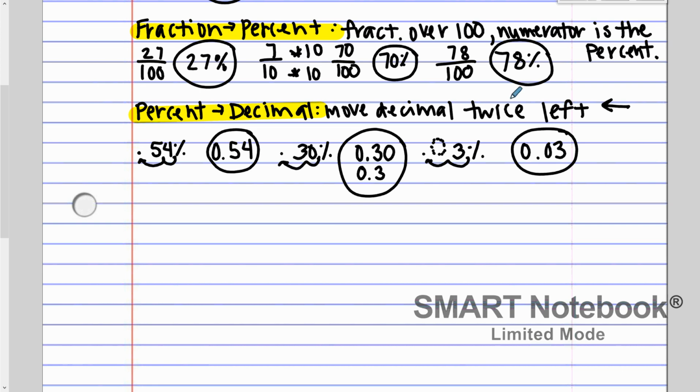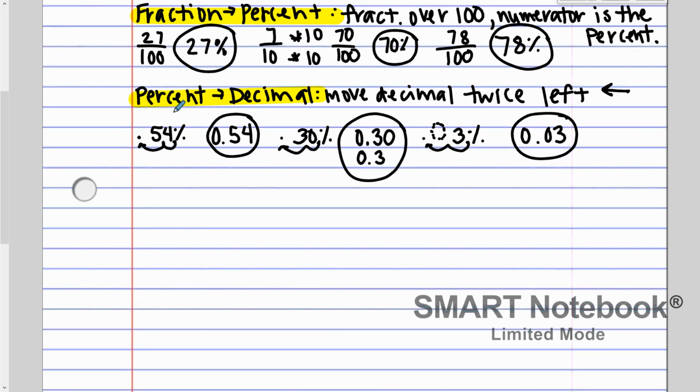Okay. Let's reverse that process. Let's make decimals into percents. So if we made a percent into a decimal by moving it twice to the left, think to yourself, how do you think we might make a decimal into a percent? We're going to basically do the opposite.